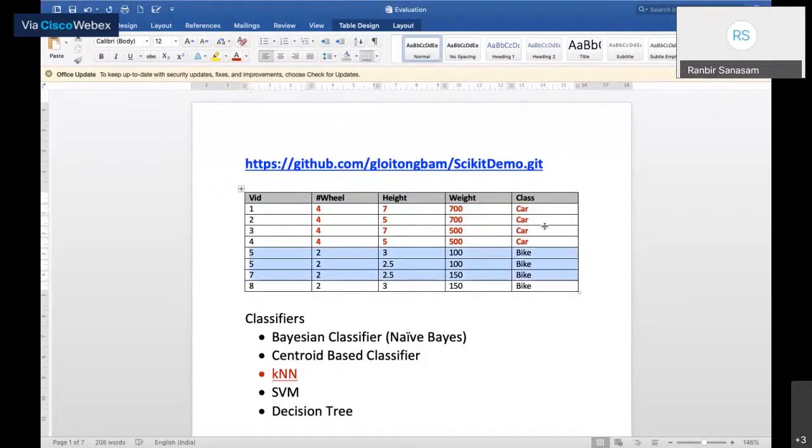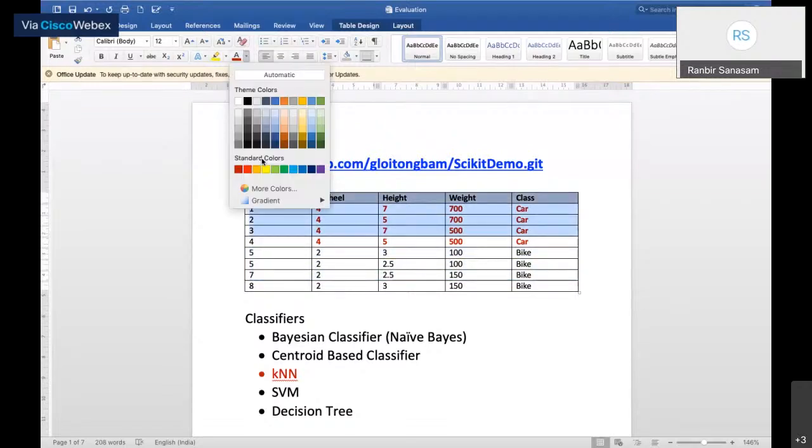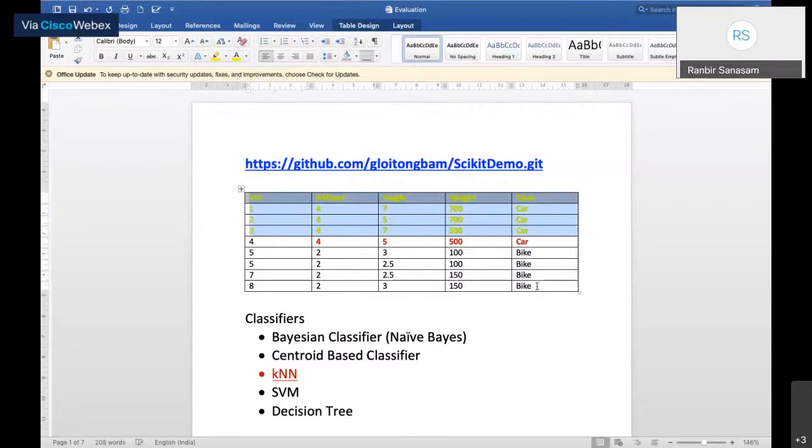Let me say these yellow colors are the training. Then I am going to build my classifier using the yellow labeled samples. Then I also need some labeled data set for evaluating my system. Those are the tests. Let us say my red are the testing.